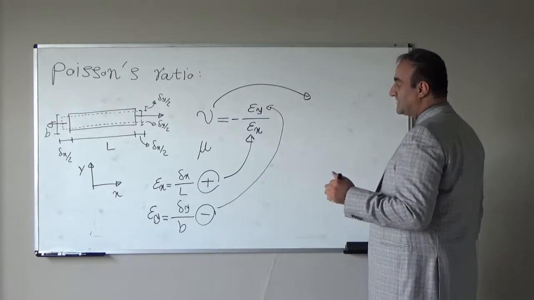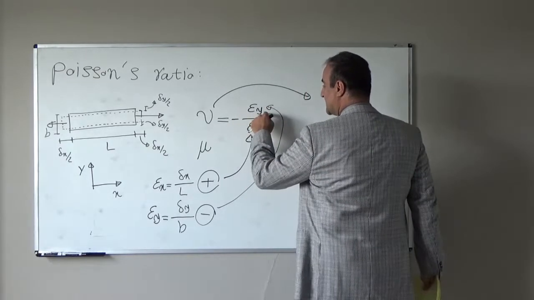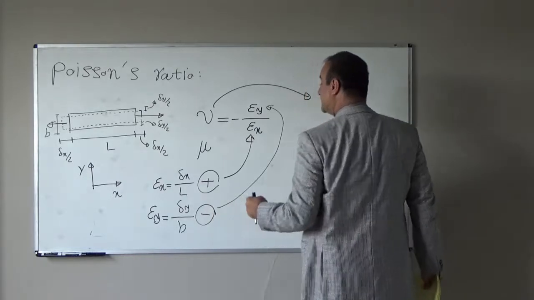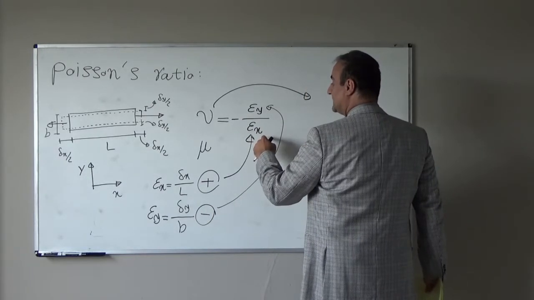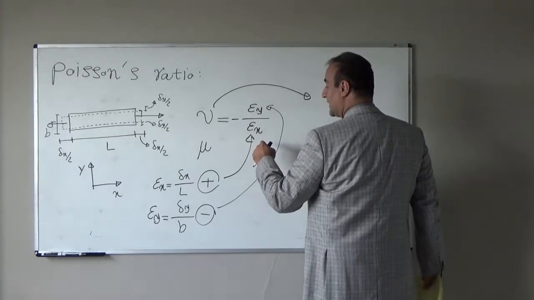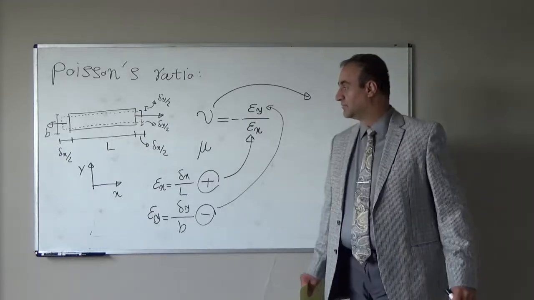Anyway, that is the reason we have the negative sign here: because this is compressive strain, it is automatically negative, and this is tensile strain, so it is positive. Negative over positive, with the minus sign, creates a positive.